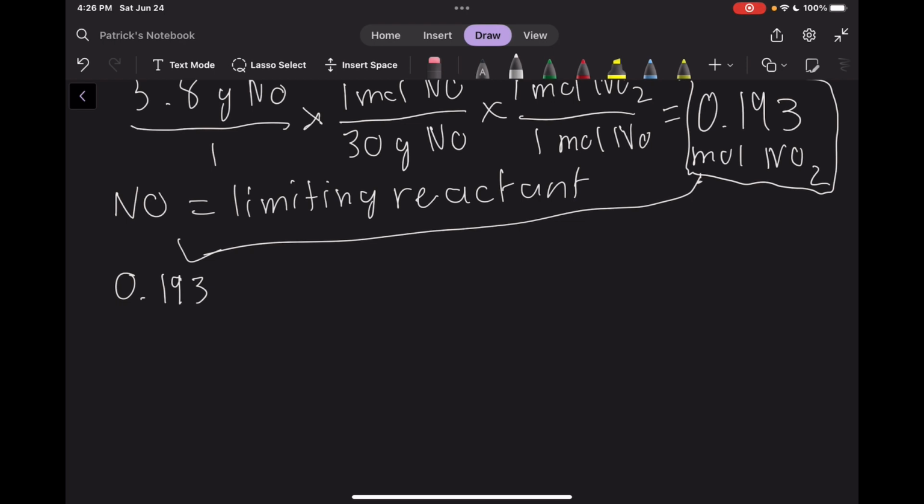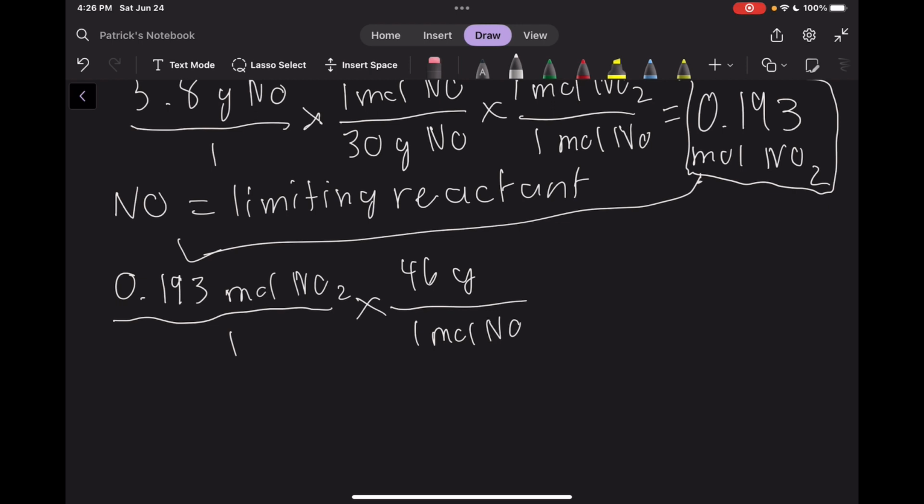This expresses the product yielded in moles, so we convert it to grams by multiplying it by 46 grams per mole, the molar mass of nitrogen dioxide. Our answer for part B is approximately 8.9 grams of NO2.